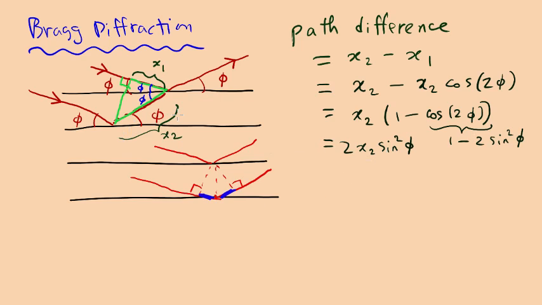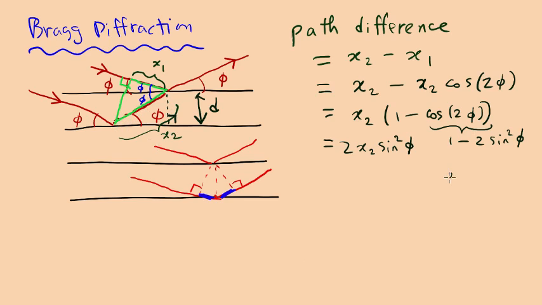And what is x2? Well, for that, let's draw a vertical line here, and notice that this lattice spacing, let's define it as d.